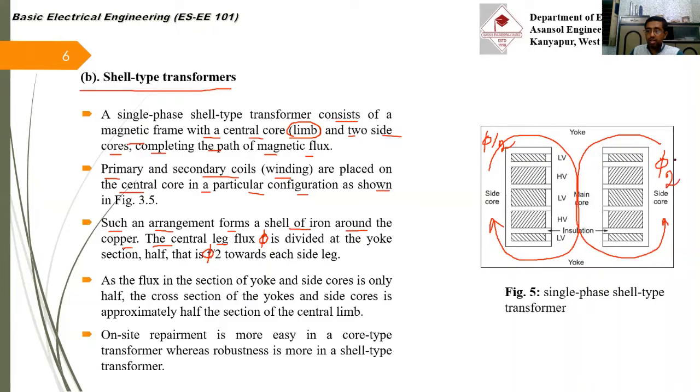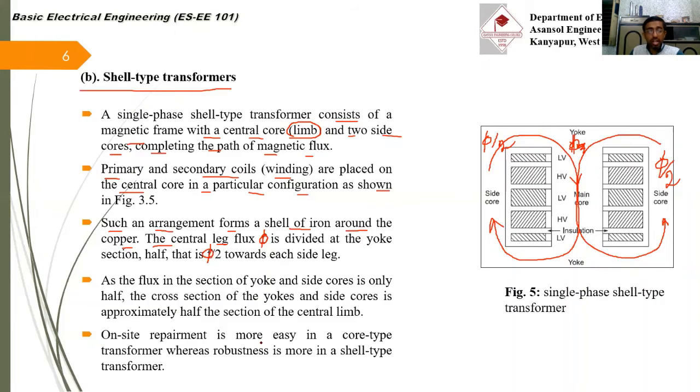So the total maximum flux in the center is phi. Okay, this is the maximum. Now, as the flux in the section of the yoke, the side core is only half the cross section of the yoke, and the side core is approximately half the section of the central limb.